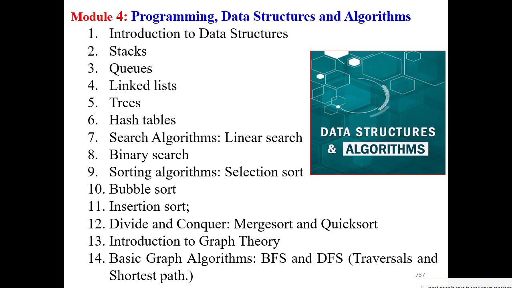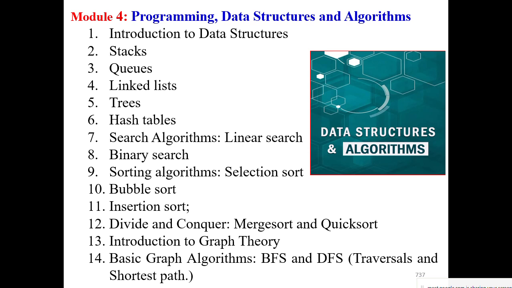Suppose n is equal to 5. What is the time complexity? Order of n. Because it is a linear data structure, it takes 5 steps if the last element is the one being searched. That's why it is called linear.